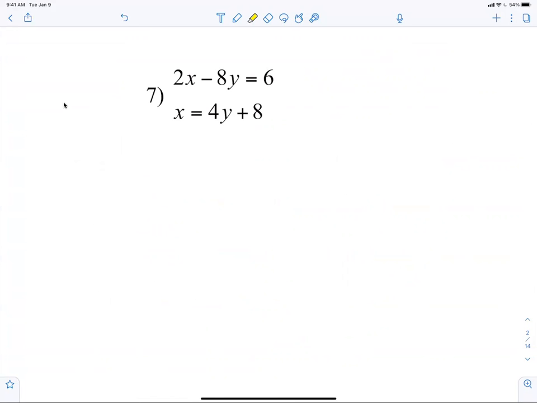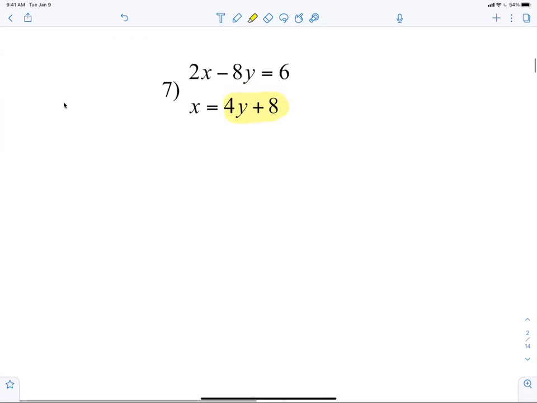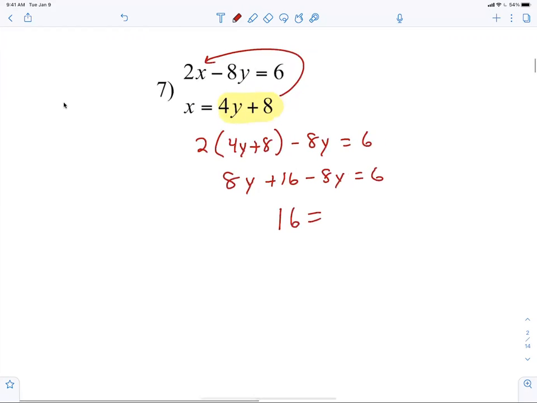Again, what does x equal? 4y plus 8. So I'm plugging in 4y plus 8. 2 parentheses, 4y plus 8 minus 8y equals 6. 8y plus 16 minus 8y equals 6. 16 equals 6.